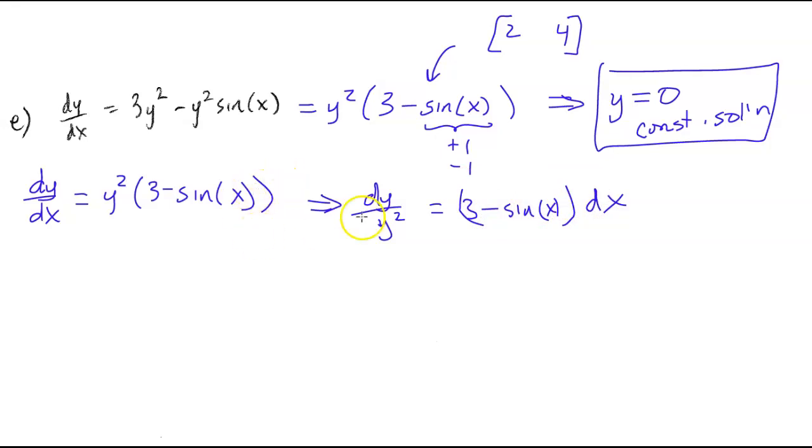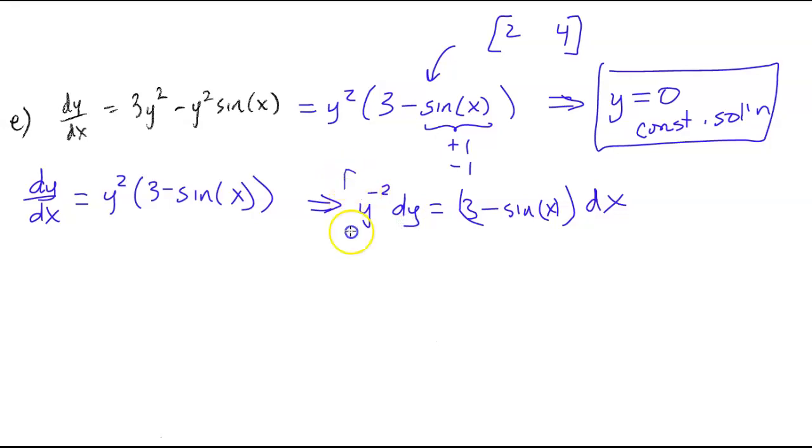And of course, from there, we can take the left side here and just rewrite it as y raised to the -2 times dy, just to make it a little bit more simple to deal with. So this is y raised to the -2 dy.